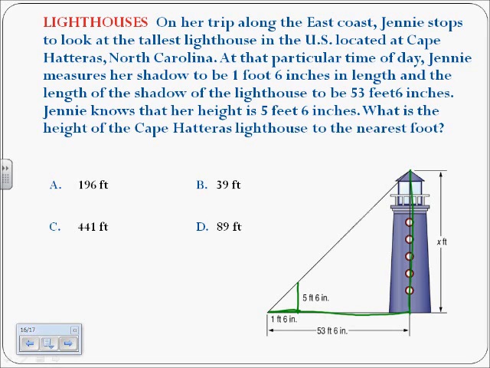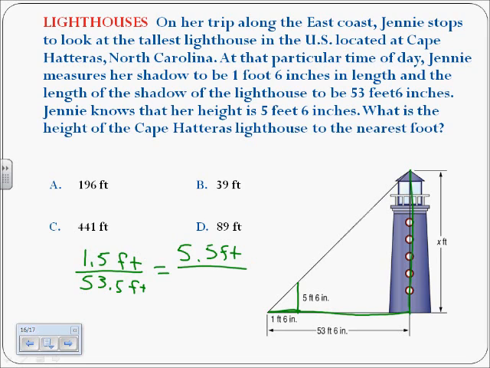So if we're going to do the length of the shadows, we know that Jenny's shadow is 1.5 feet, and the shadow of the tower was 53.5 feet. It's nice to convert 6 inches into 0.5 of a foot because it's half. Then we know that Jenny's height itself was 5.5 feet.